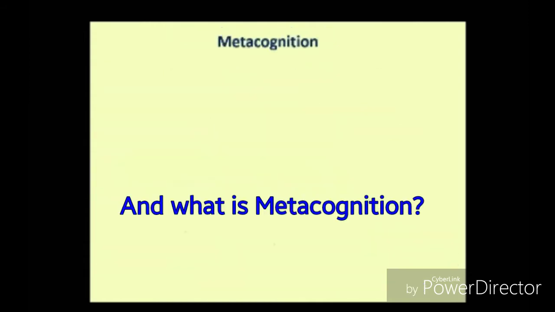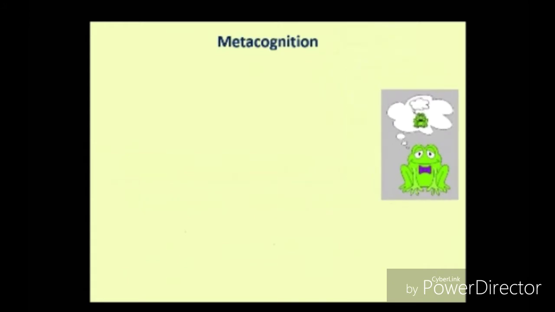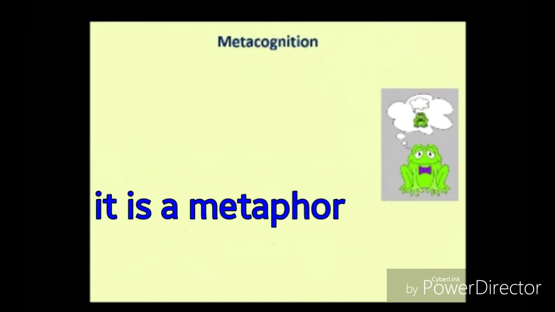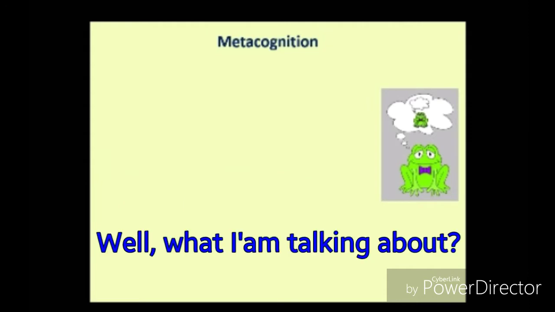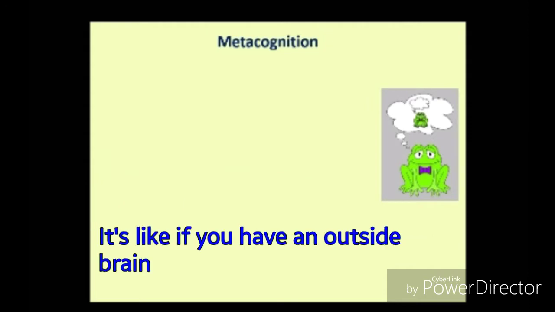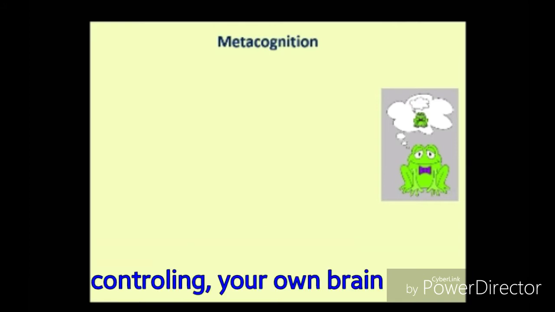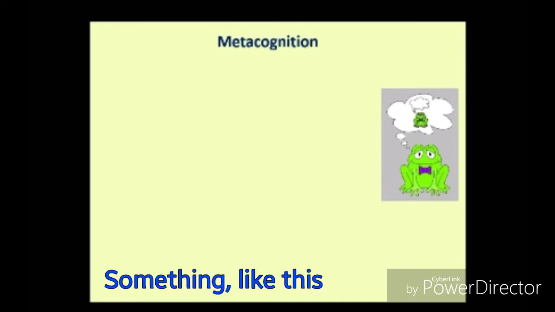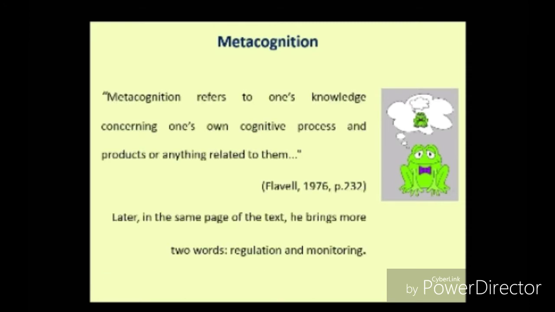And what is metacognition? I like this image. It's a metaphor. Well, what I'm talking about is like if you have an outside brain controlling your own brain. Yes, something like this, just to understand.